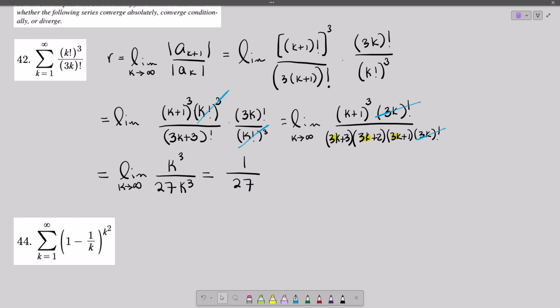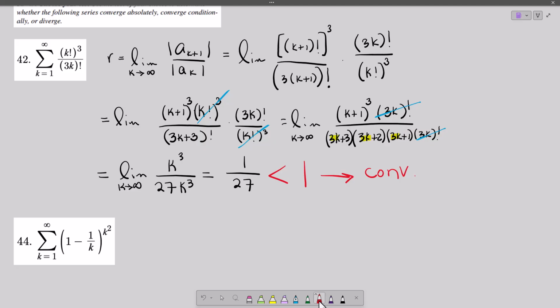Same for the ratio or the root test. If you get this limit, r, less than 1, that tells us that we have convergence. Technically, it's absolute convergence since we took absolute values, but because everything's positive, absolute convergence is redundant. It's the same as regular convergence since there's no negatives.